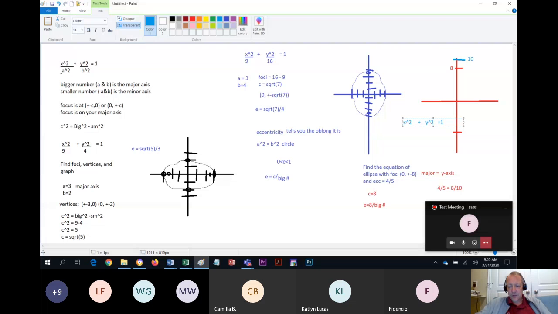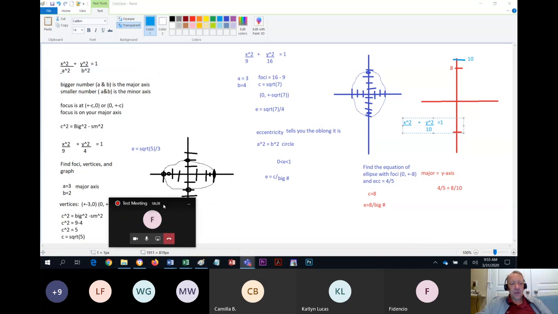So I'm going to underline this, and I'm going to underline this. Now, we know in this case that 10 is going to be right here because my y is going to be my major axis. Now all we need to do is figure out what this is.